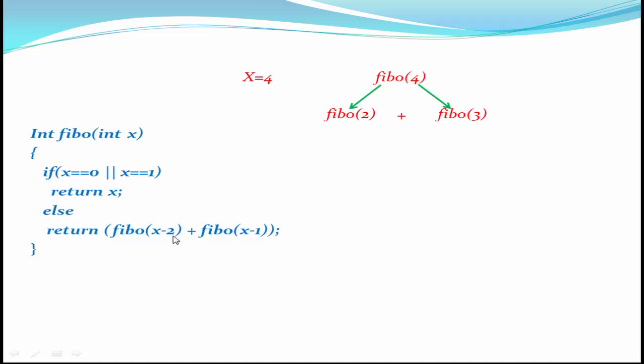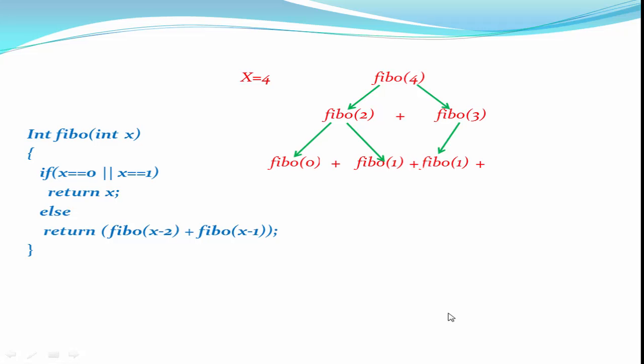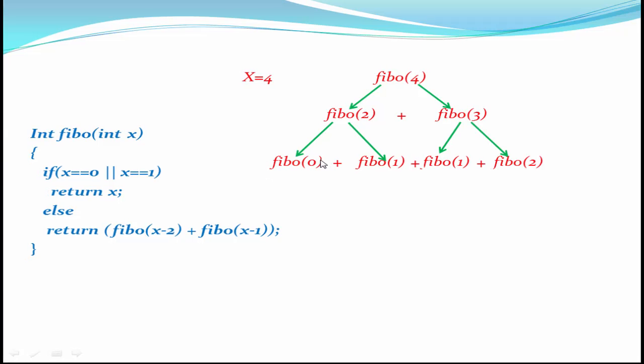So it returns 2 minus 2, that is Fibo 0, and then 2 minus 1, Fibo 1, and then it calls Fibo 3. So 3 minus 2, that is Fibo 1, and then 3 minus 1, that is Fibo 2, and then it calls the function Fibo 0, and this time x equal to 0, and then it checks the condition. If x equal to 0 or x equal to 1? Yes, this condition is true, and then it returns 0, so we get 0.